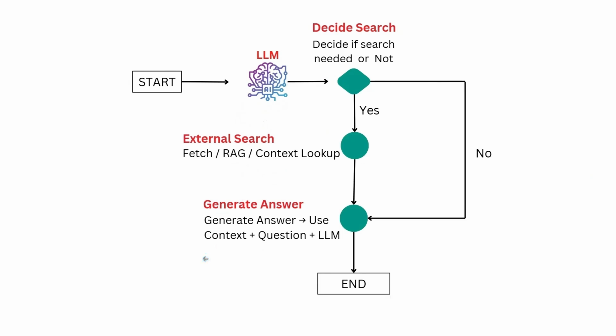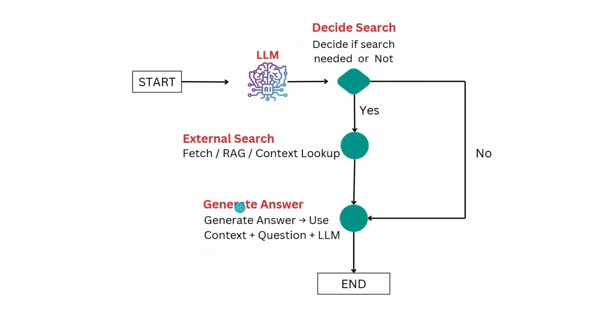In LangGraph, a node acts like an agent that performs a specific responsibility in the workflow. Here, the decide search node is the decision agent, the search node is the research agent, and the generate answer node is the response agent.